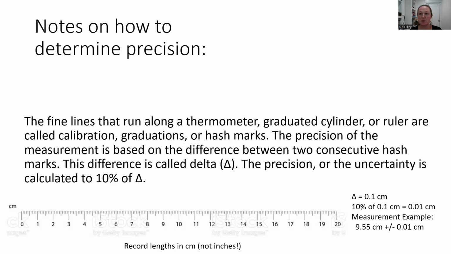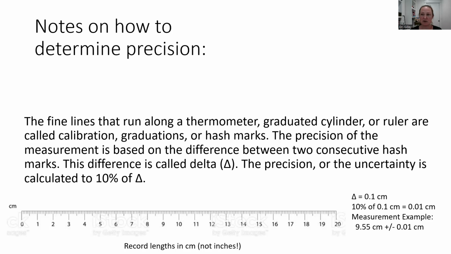So if your delta is 0.1, then your precision is plus or minus 0.01, because 0.01 is 10% of 0.1. You can see I have it written down over here. So our delta value is 0.1. Again, that's the difference between the smallest hash marks that we see here. The precision is then 10% of that, so plus or minus 0.01 centimeters.